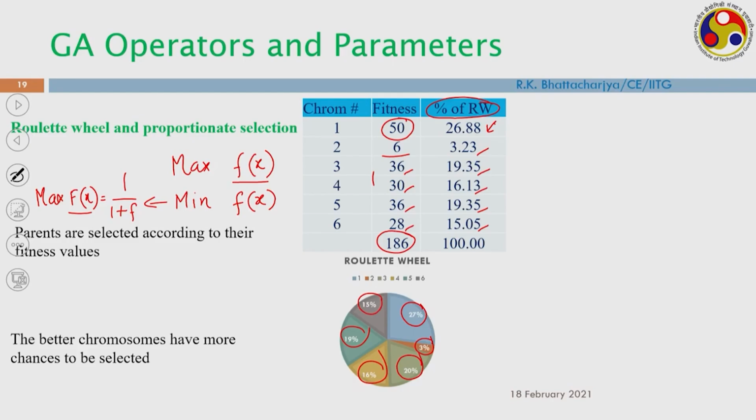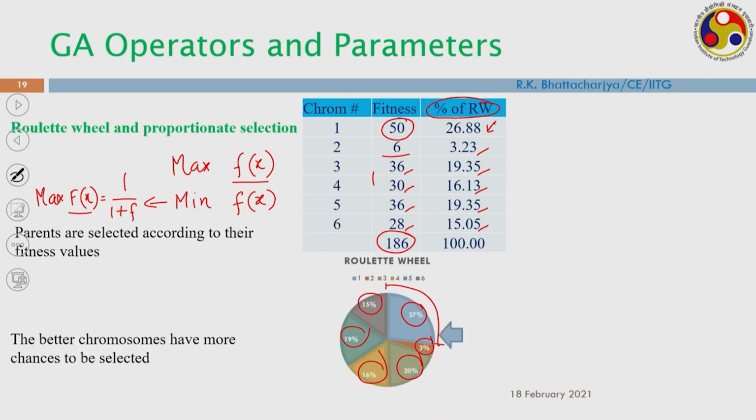Each occupies a different area of the roulette wheel. If this portion is more, the probability of selection of that particular solution is more.